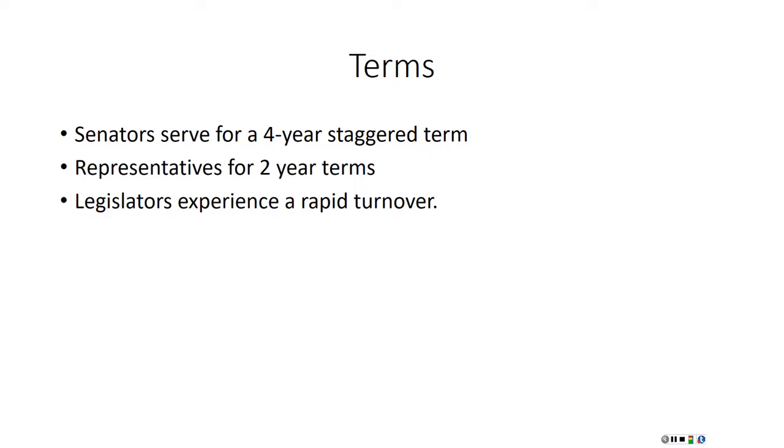We see that legislators experience a rapid turnover. Our legislators seem to be there for 10 years or less or 20 years or more. There's really not any mid-length people. Why is there such turnover?